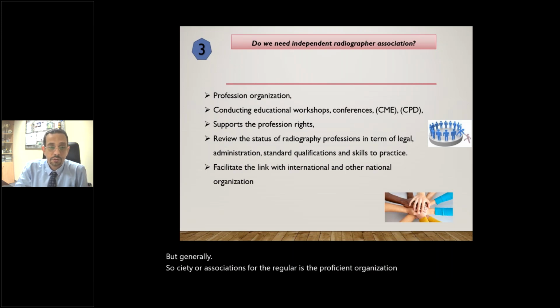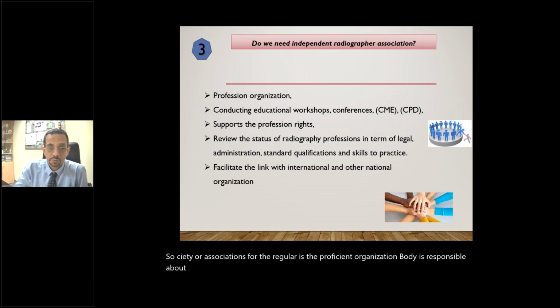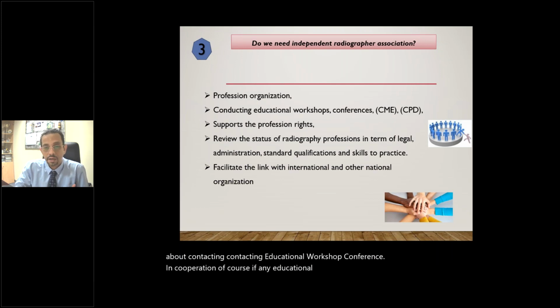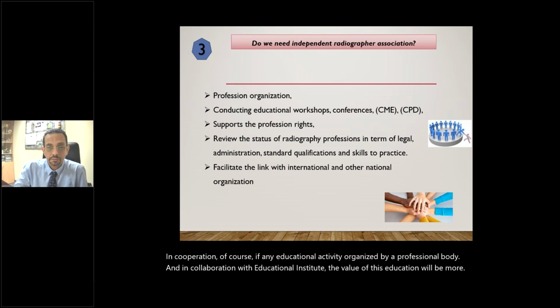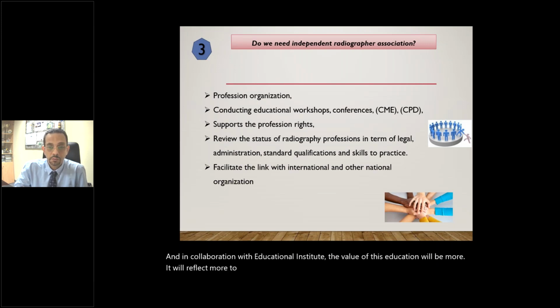It's responsible for conducting educational workshops and conferences, in collaboration, of course. If any educational activity is organized by a professional body in collaboration with an educational institute, the value of this education will be more, and it will reflect more on the profession. It will weigh a lot.